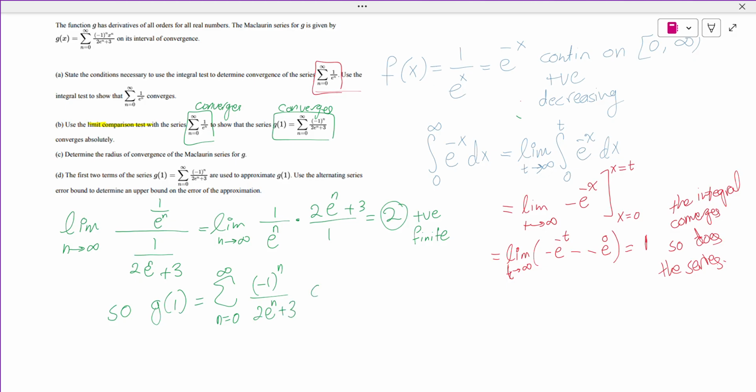It converges absolutely. Show that it converges absolutely, and you get 1 point from the question itself. It's going to converge. You just need to show that.